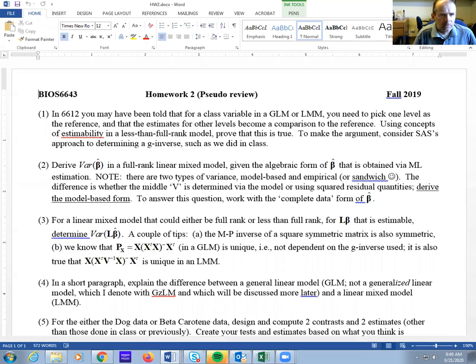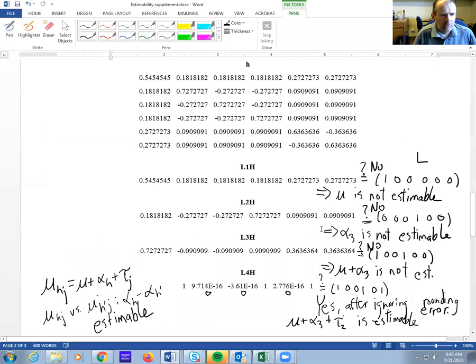Yeah, it's very foundational material, and I struggle every year with how much to teach this, because I feel like if I say something, then I need to explain what I said in a little more detail. I feel like the 6612 approach is fine, but it doesn't give you the big picture of what's going on with estimability.